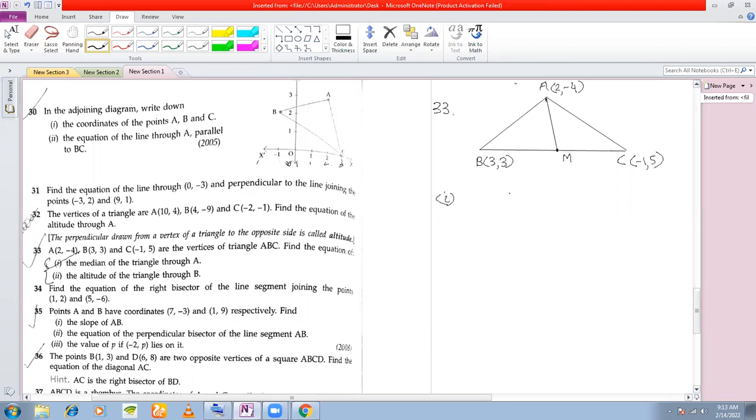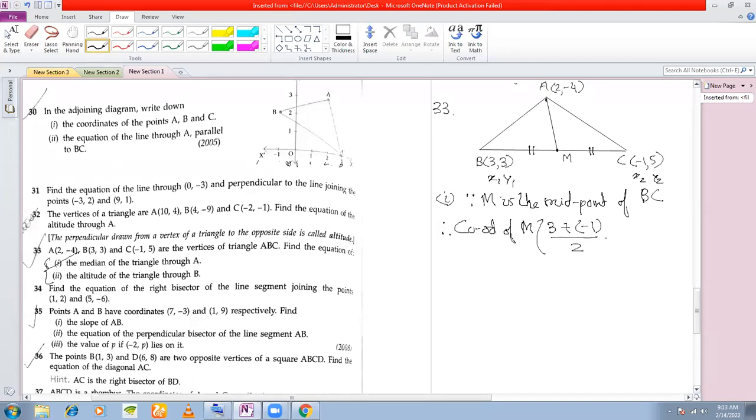First of all, since M is the midpoint of BC, these two are equal. Therefore, coordinates of M from the midpoint formula, this is your x1, y1, x2, y2, right? x1 plus x2 by 2, so 3 plus of minus 1 by 2.